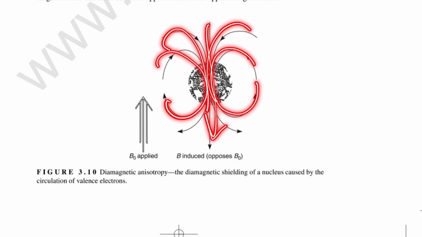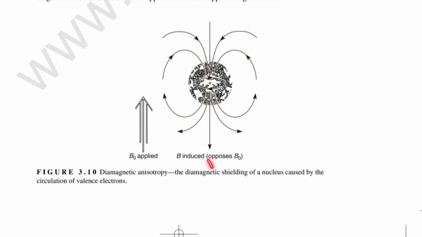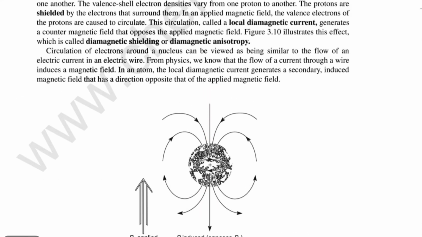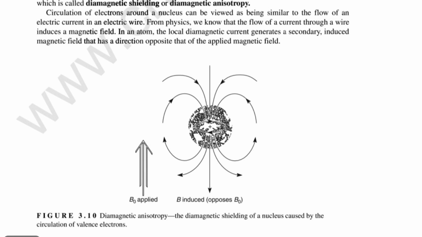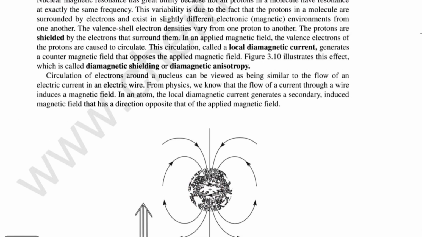If we summarize this direction, this is the north pole of the applied magnetic field and this is the south pole. Actually the magnetic field induced by the electrons is called diamagnetic shielding, or also diamagnetic anisotropy, whereas the movement of these electrons is called the local diamagnetic current.